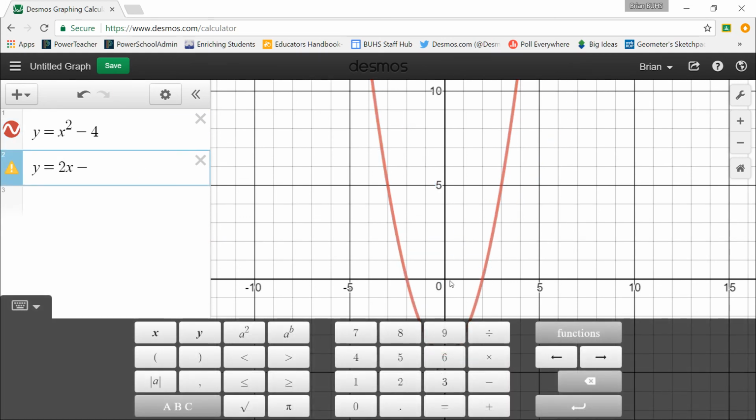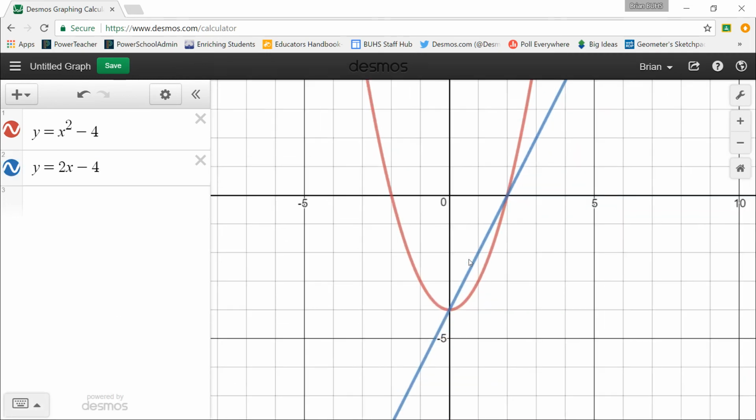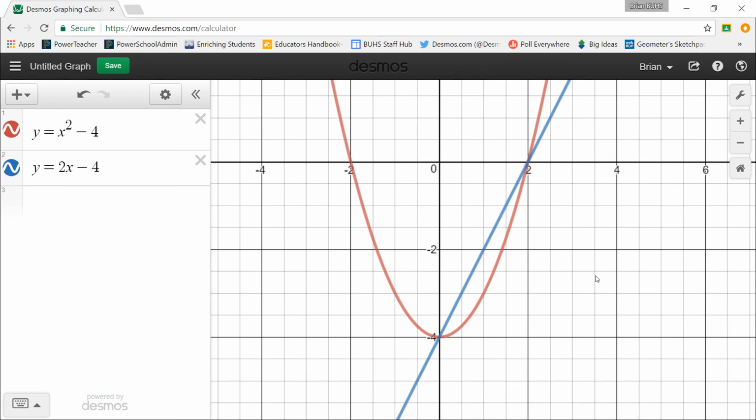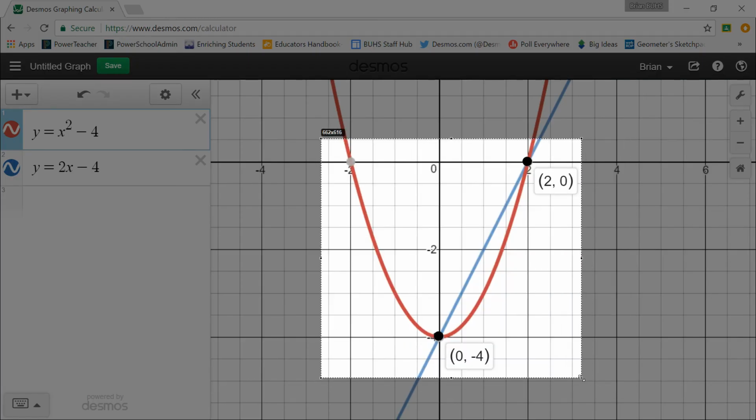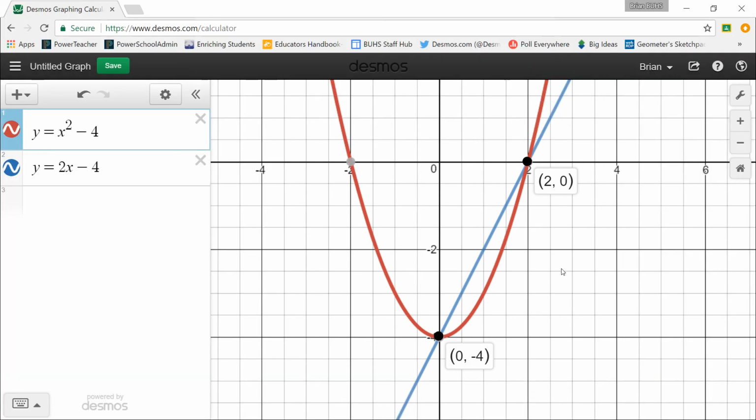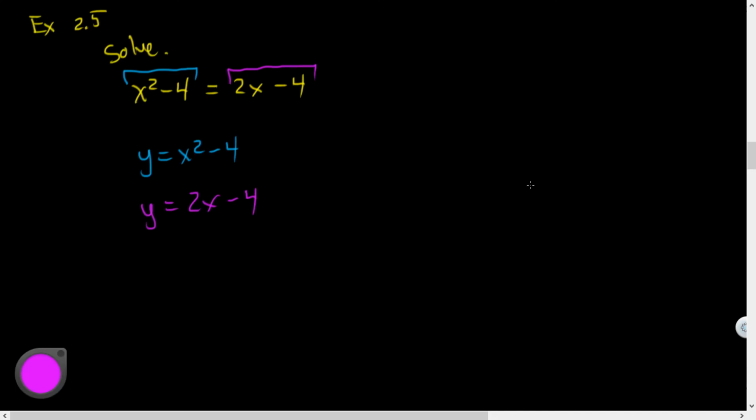And then the other one is 2x minus 4. So if I look at this, where are my intersections? One is at 2. But my solutions, yoink, took a screenshot there.